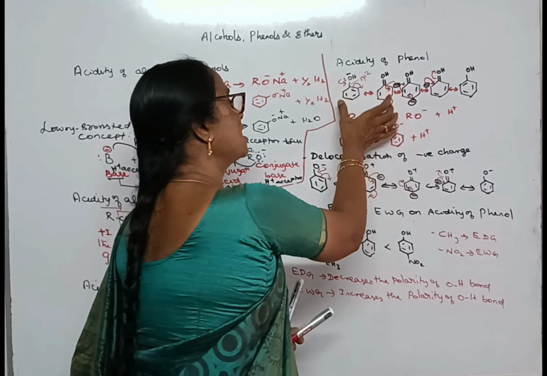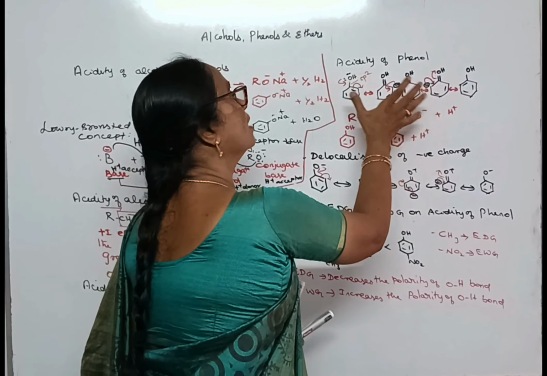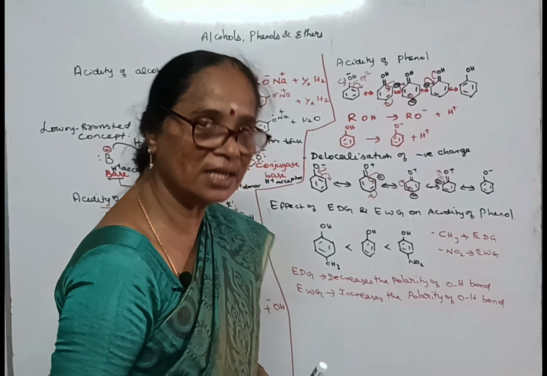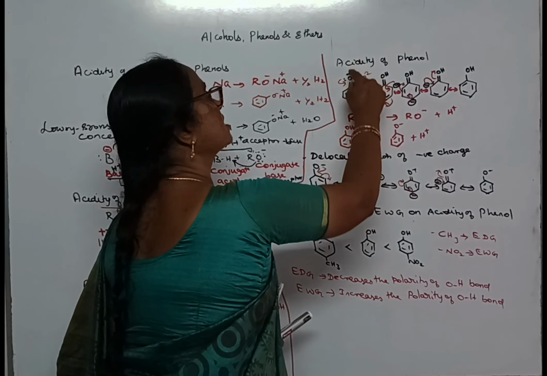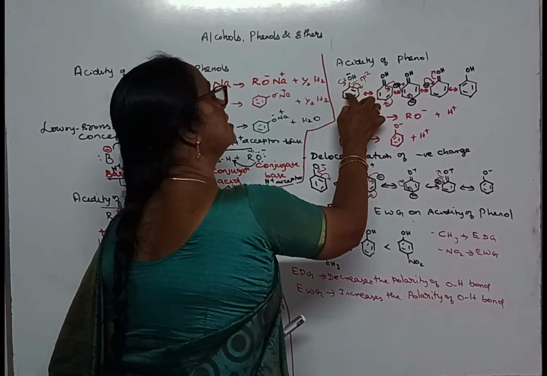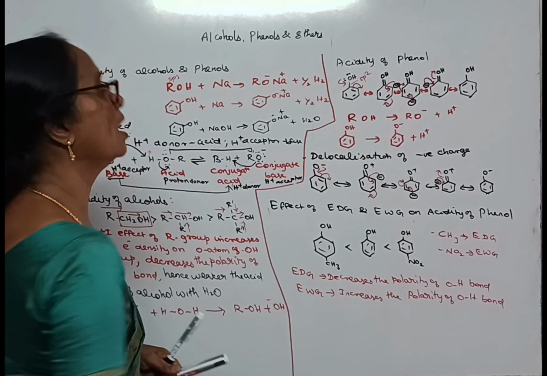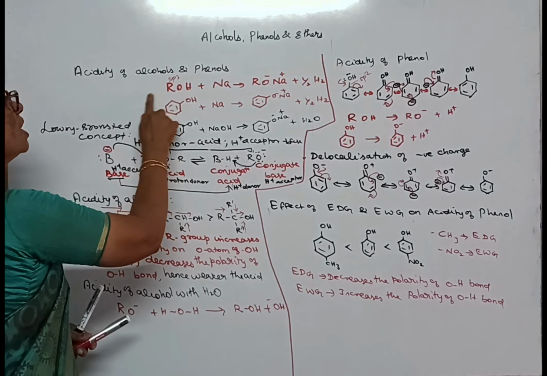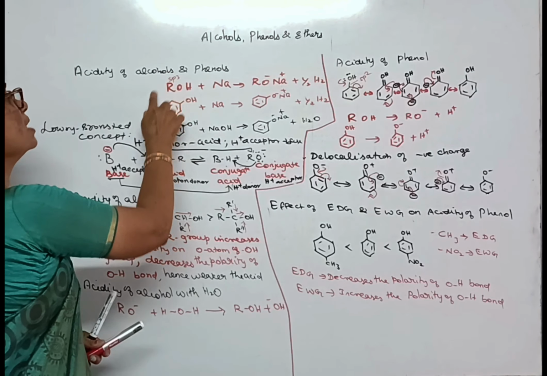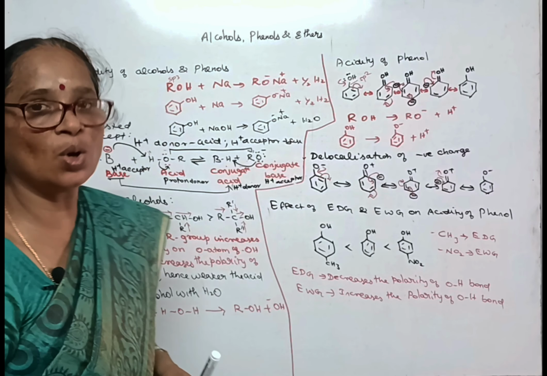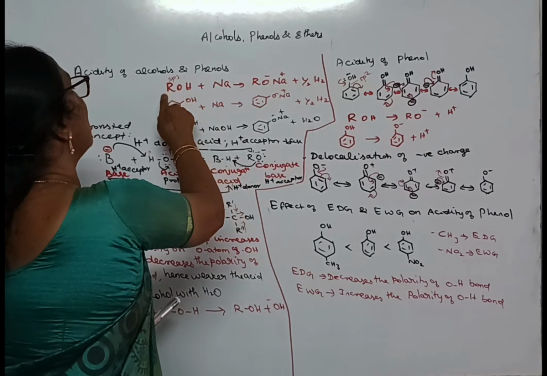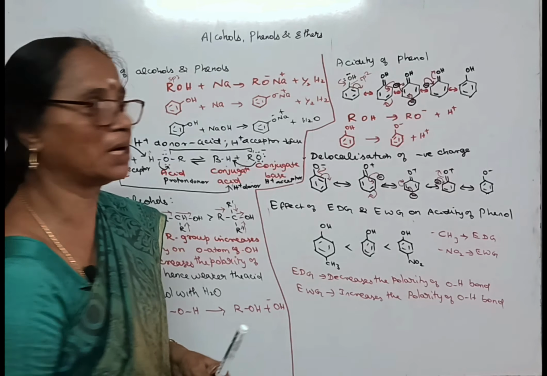So phenol itself is stabilized through resonance due to conjugation. The lone pair of electrons is in conjugation with the benzene ring. But such resonance stabilization is not observed in alcohol because the alkyl group has no pi bond or lone pair of electrons, since the alkyl group is sp3 hybridized.